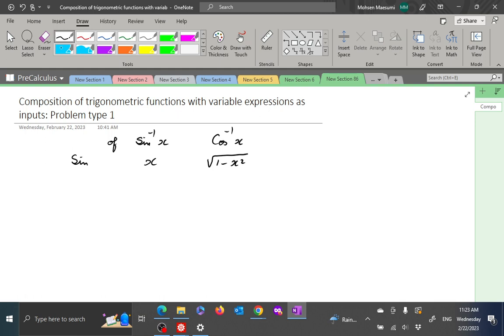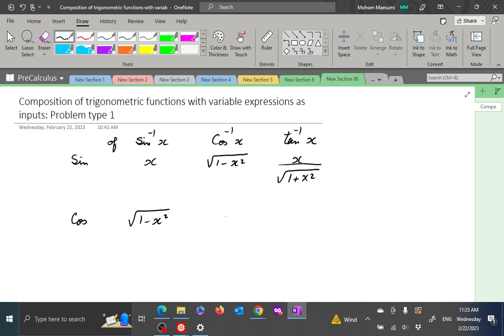How about tangent inverse of x? Some of these things you can go and find for yourself. It is x over radical 1 plus x squared. If you want to take cosine, what it means here is cosine of sine inverse of x, that's the meaning of the table. Again just the same as that, radical 1 minus x squared.